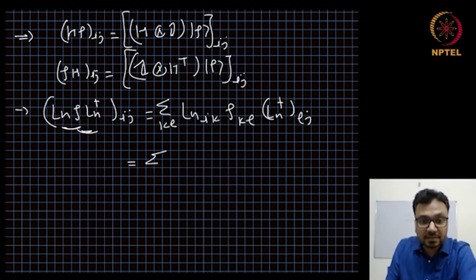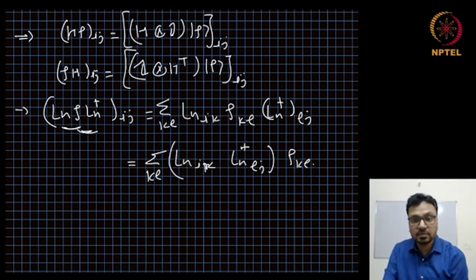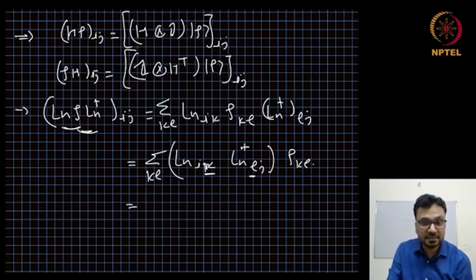So in that way, we can take the product of three matrices, and this we can write as sum over kl Ln ik Ln dagger lj rho kl. So rho kl is there, and we can see that k and l indices are there.